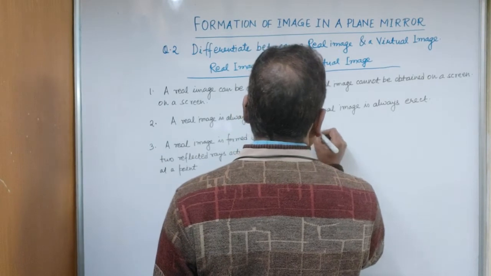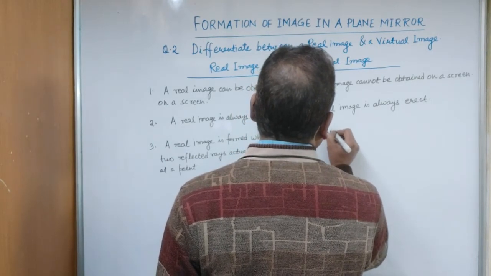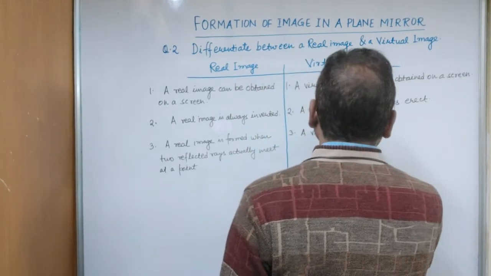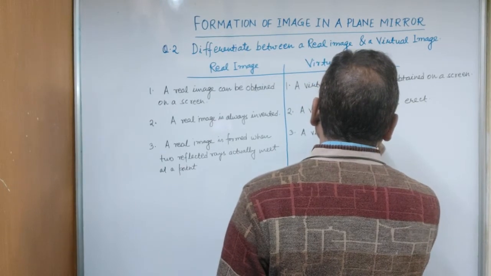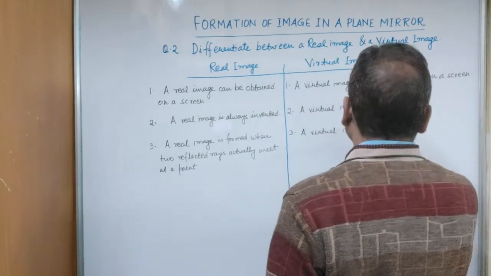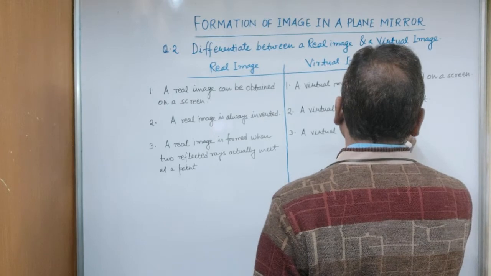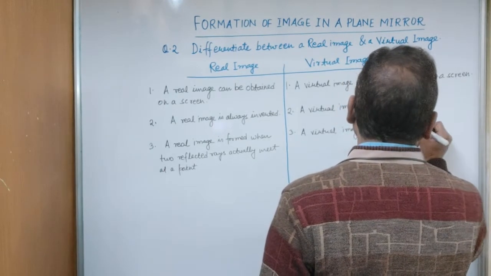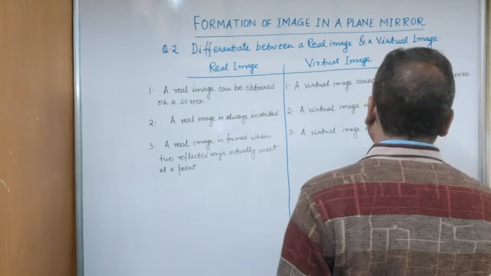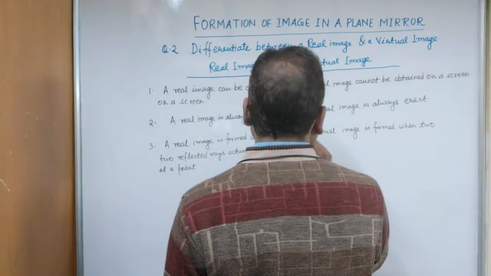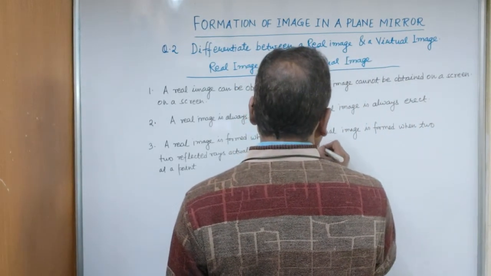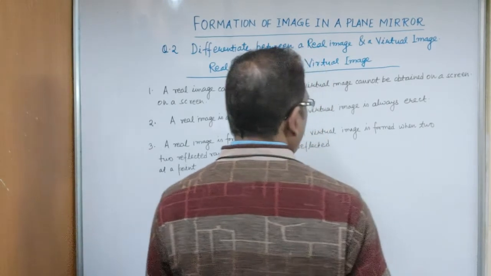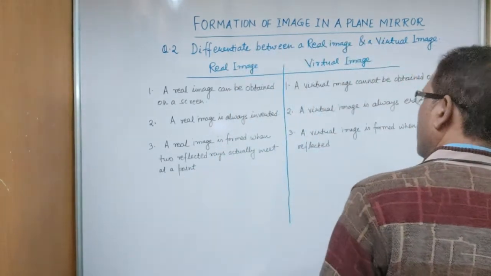This side you write a virtual image is formed when two reflected or refracted, actually we have not done refraction, so I am writing only reflected.